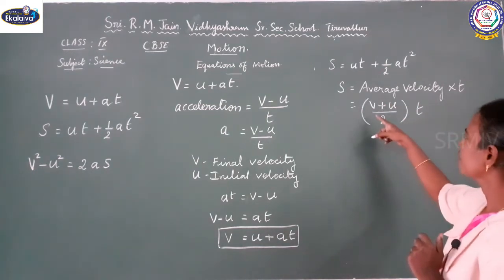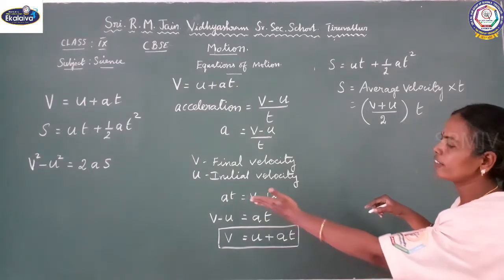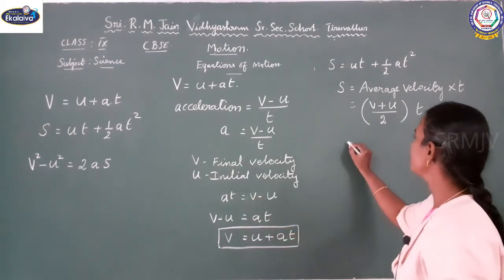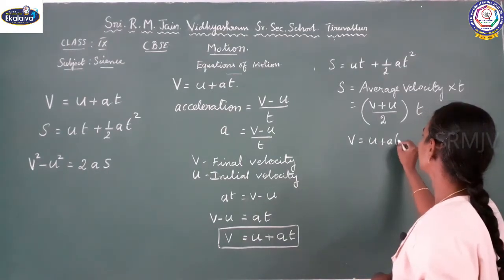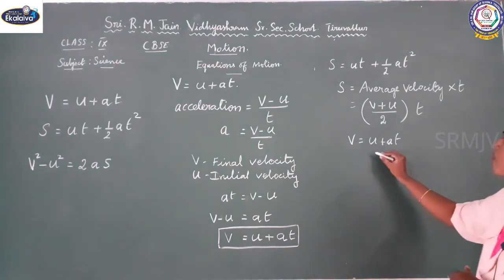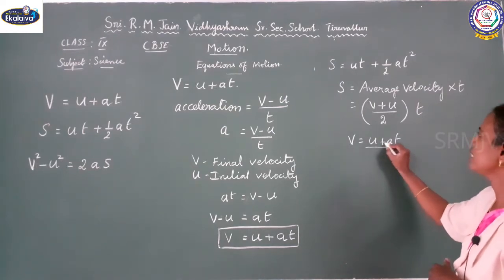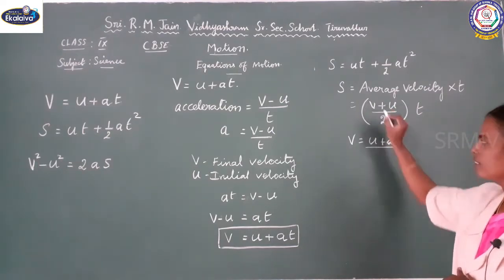Next, we already derived the first equation. Since we know that v is equal to u plus at, now we have to substitute u plus at in the place of v.